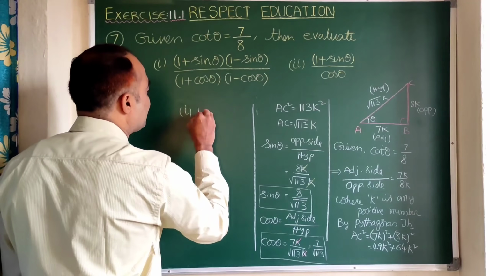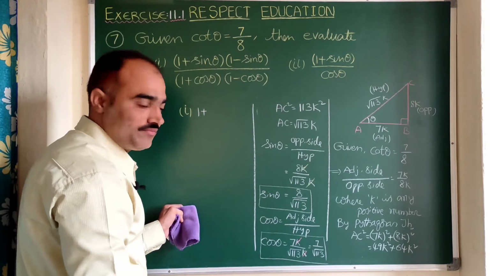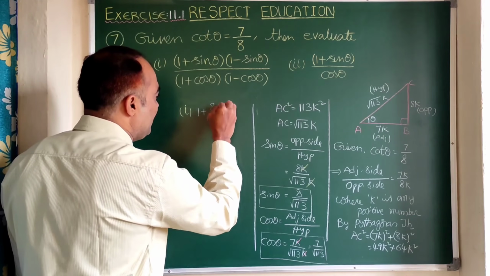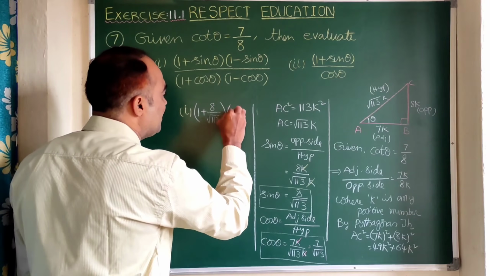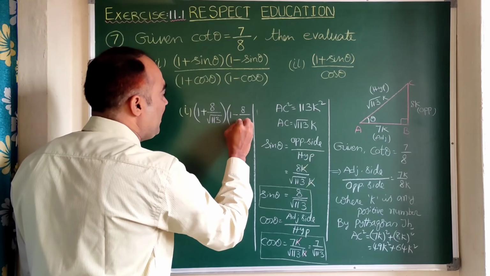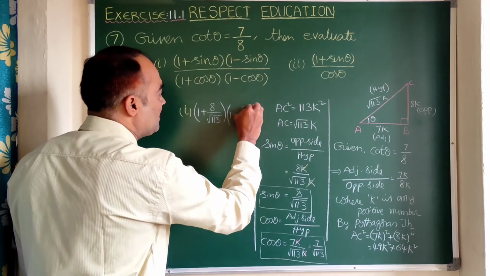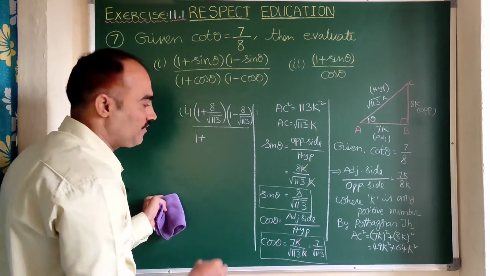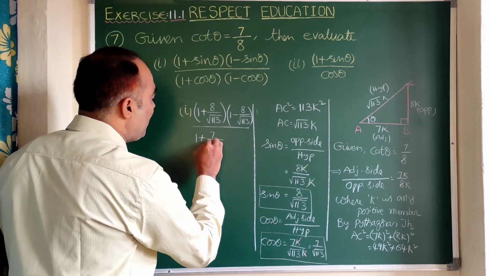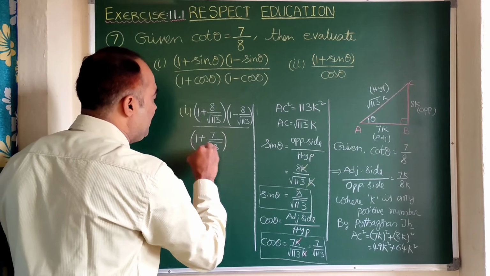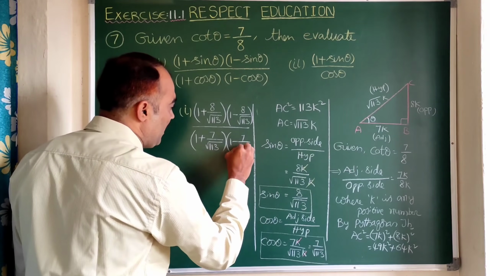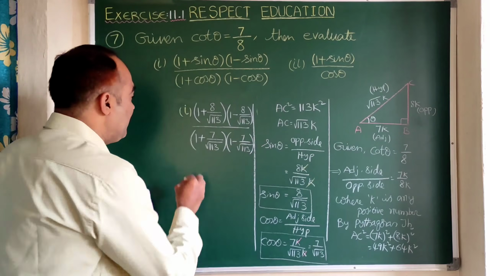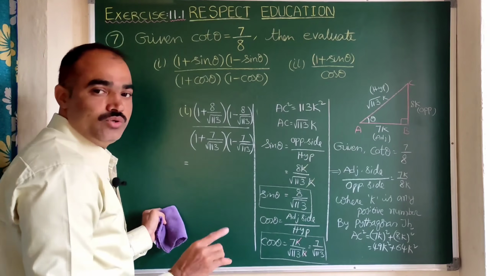See 1 plus sin theta means 8 by under root 113 into, again this is 1 minus 8 by under root 113 by, again 1 plus what is cos theta? 7 by under root 113 into 1 minus 7 by under root 113. Clear?